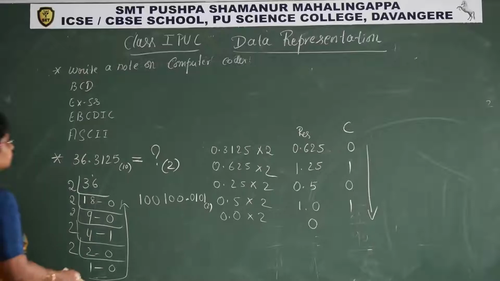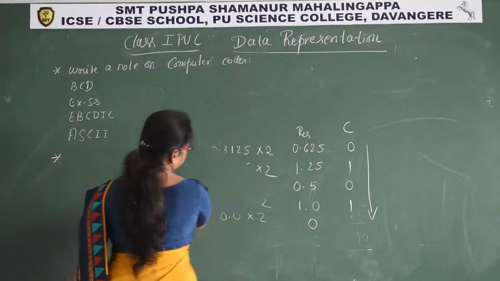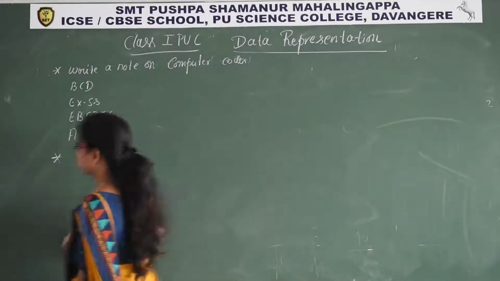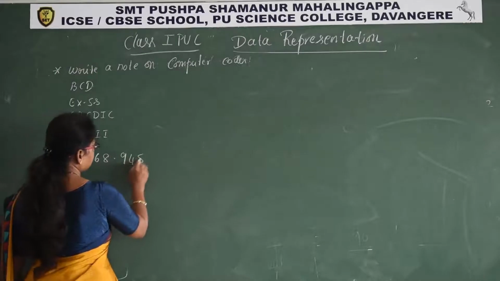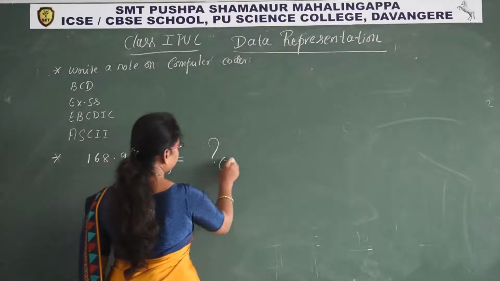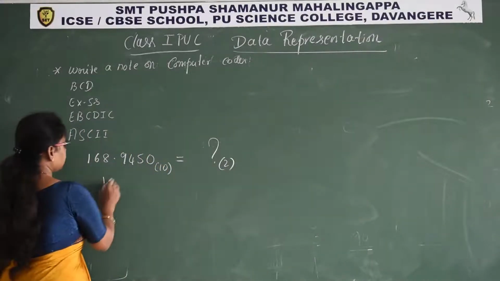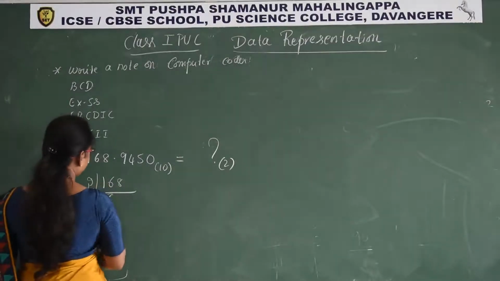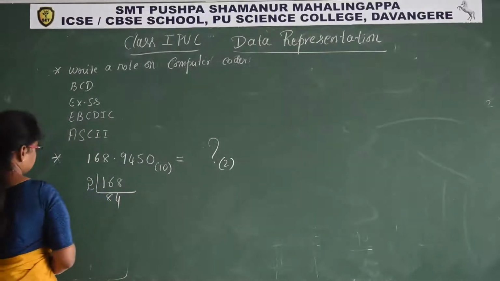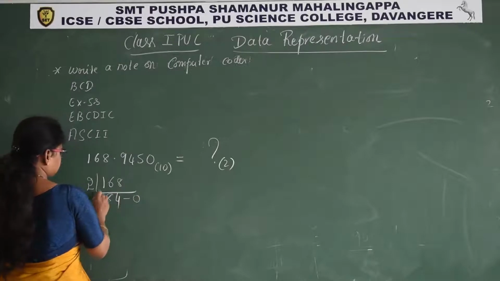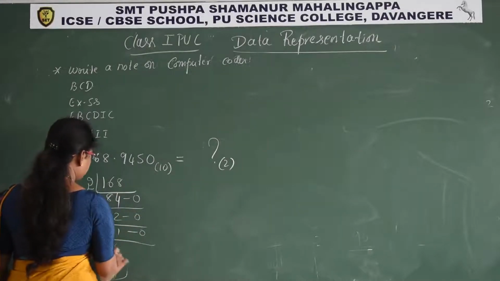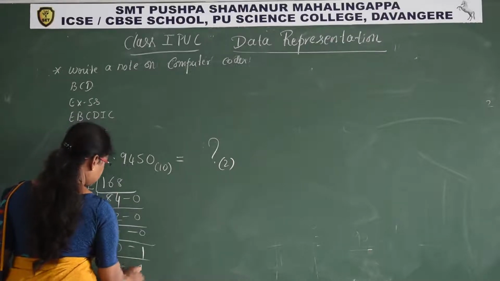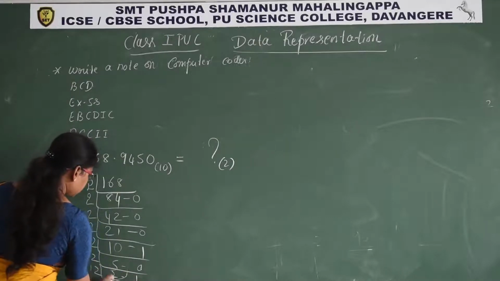168.9450. Means you have to convert into binary. 168 divided by 2, 84, remainder 0. 2 4s are 8, 2 2s are 4, 0. 2 10s are 20, remainder is 1. 2 5s are 10, remainder is 0. 2 2s are 4, remainder is 1. 2 1s are 2, remainder is 0.